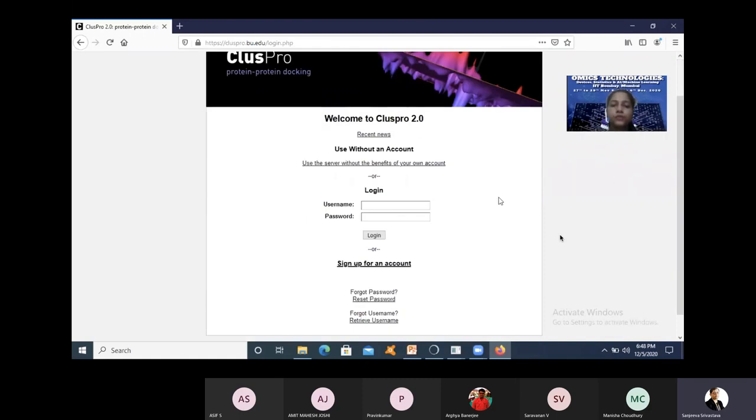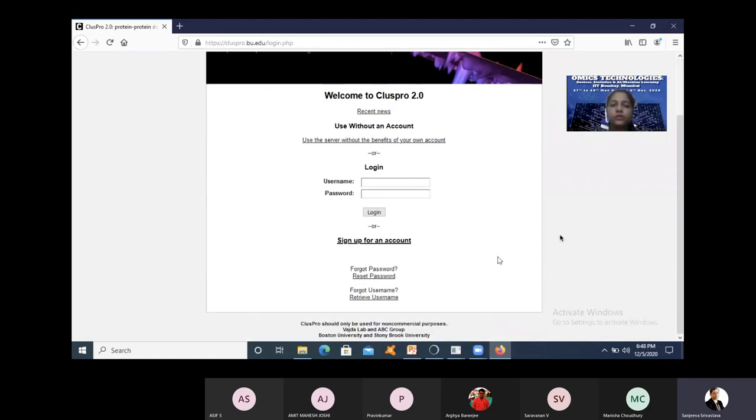We have two options. Either we can log in, open our own account so that we can trace back all the docking studies that we have done using ClusPro, or we can just opt to use ClusPro without an account.